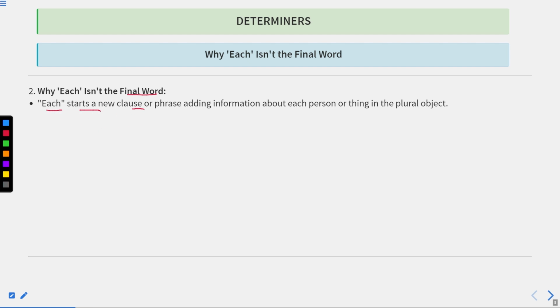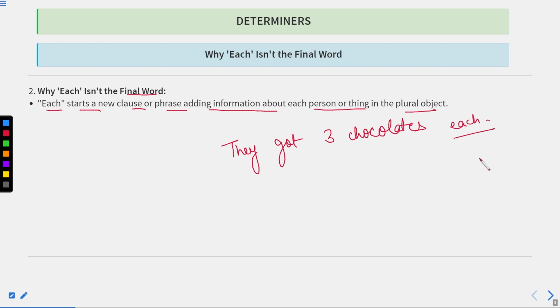Each starts a new clause or phrase, adding information about each person or thing in the plural object. For example, if I say they got 3 chocolates each, this can be a sentence. Here we have used the word each at the end of the sentence.